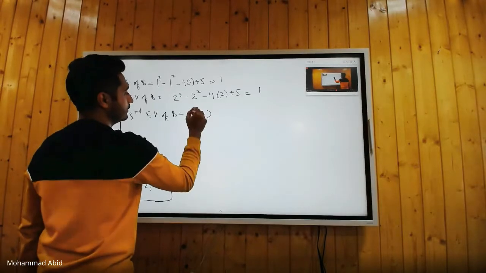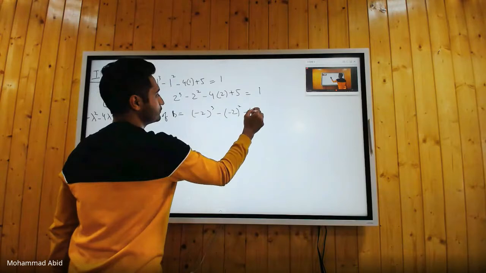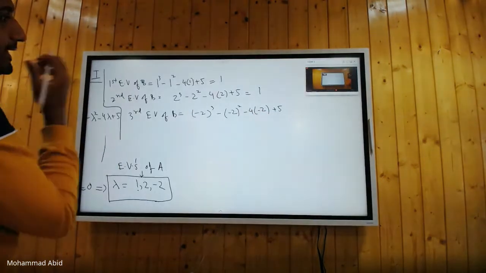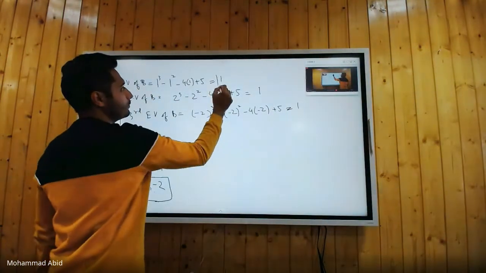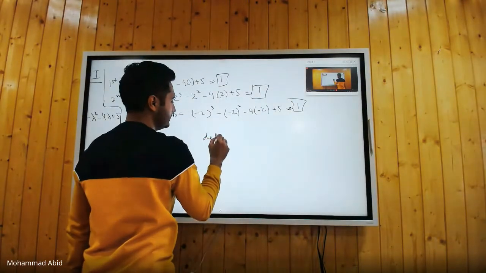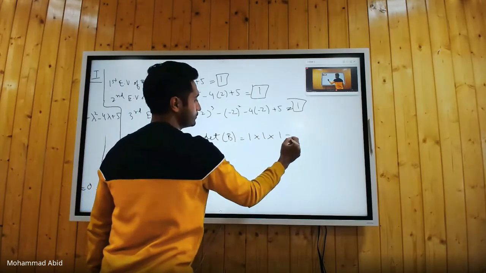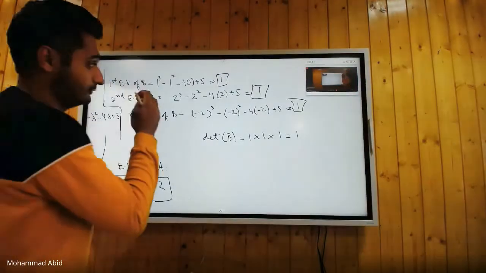Minus 2 cube minus minus 2 square minus 4 times minus 2 plus 5. This is also 1. So the 3 eigenvalues are 1, 1, and 1. So the determinant of B is the product of the eigenvalues, which is 1. That's your answer.